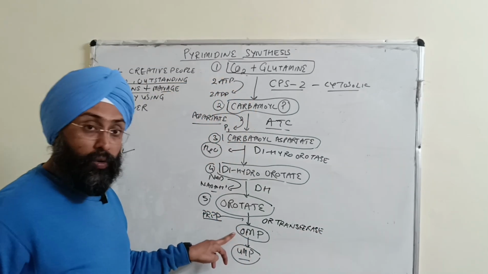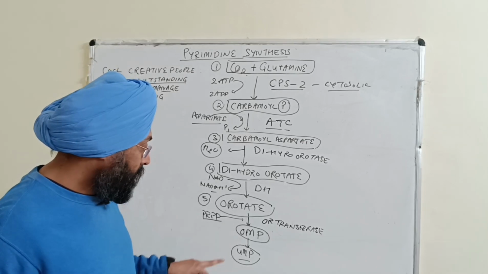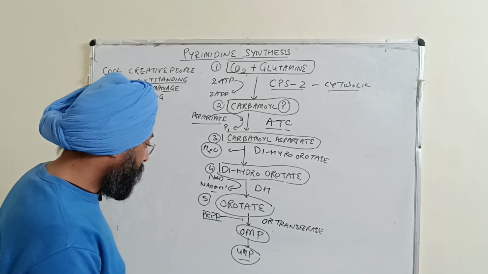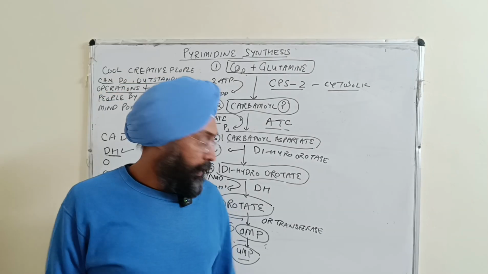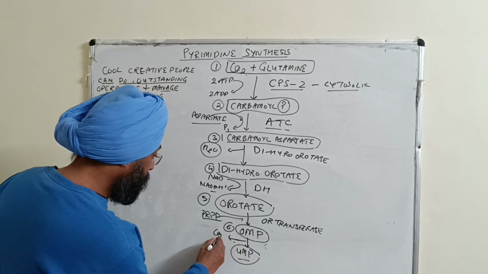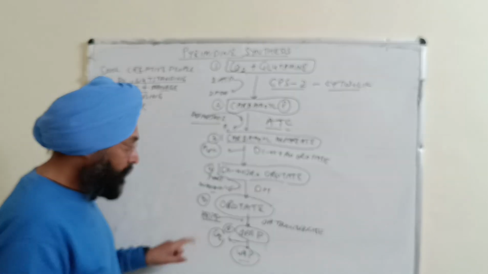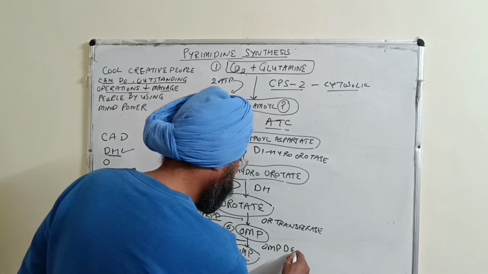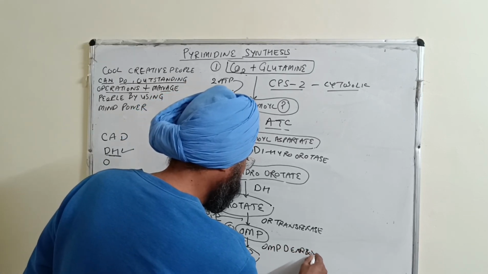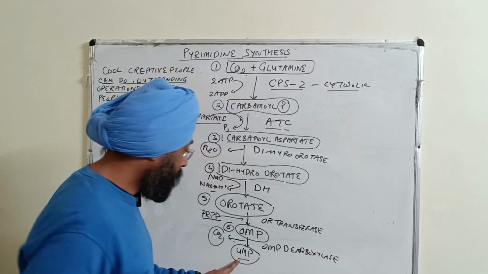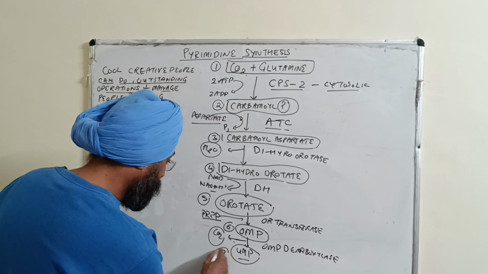From here we'll get our OMP, orotidine monophosphate, and it is converted to uridine monophosphate. And in this step, from OMP there is a decarboxylation reaction, and carbon dioxide is removed, and the enzyme is OMP decarboxylase, right? And we'll get our final product, that is our UMP.